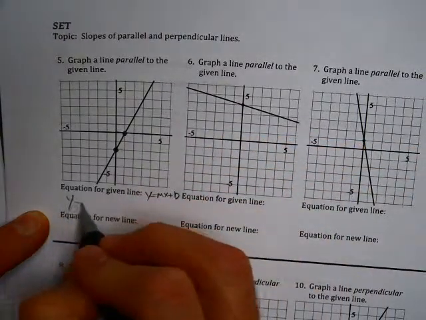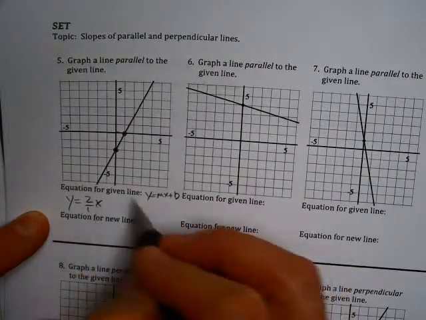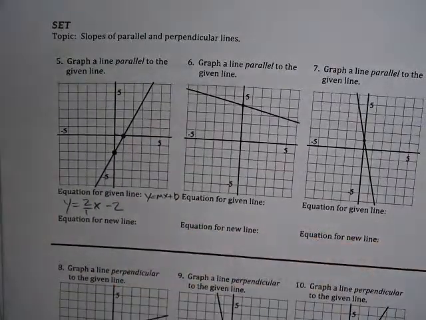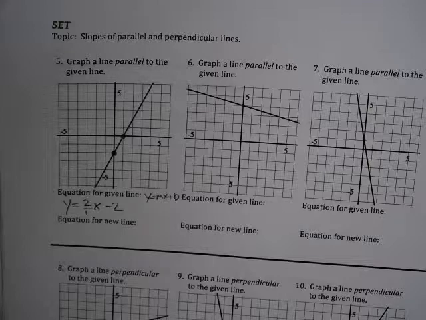So I'm going to say y equals 2 over 1, or just 2x minus 2, right? My slope and my y-intercept. Don't forget the x. People always forget the x, and without the x it doesn't work. So you got to get that x that's multiplying the slope.